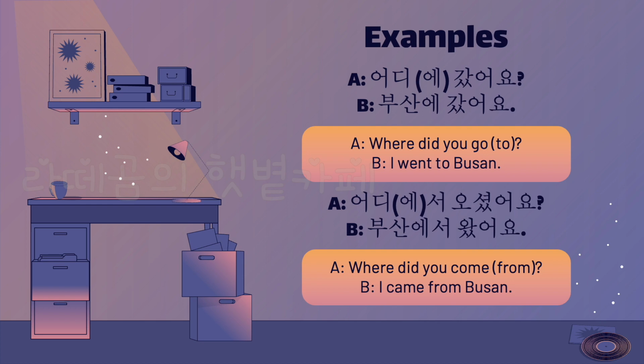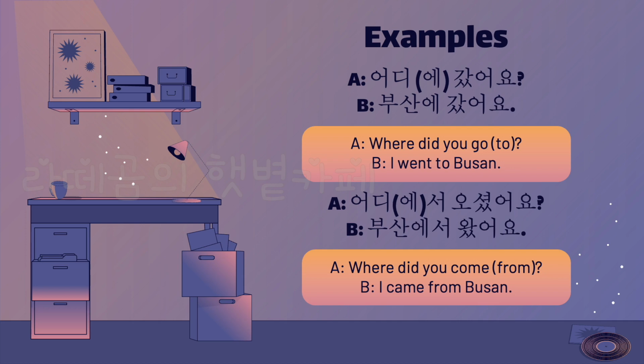And our second example, 어디에서 오셨어요? 부산에서 왔어요. Please note the difference here is also in the verb that they used.